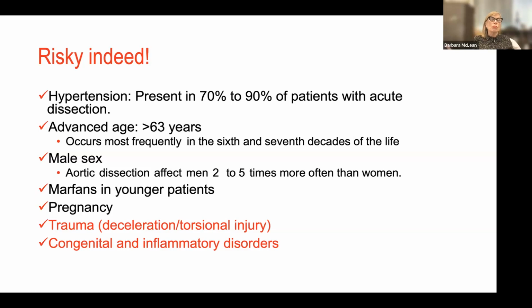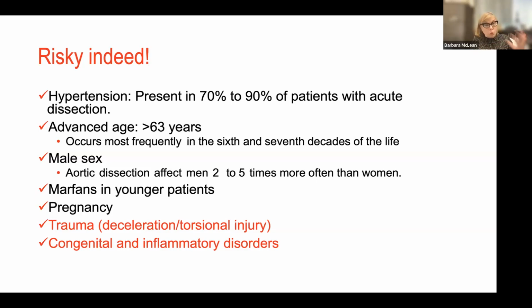And then, of course, trauma. So trauma is a deceleration injury, meaning your chest hits something really hard and you stop forward movement. And again, depending on the weight of the ventricle and where you are in your cycle, the ventricle will swing back and forth inside the chest. That will put tremendous force on the aorta and promote an intimal tear.